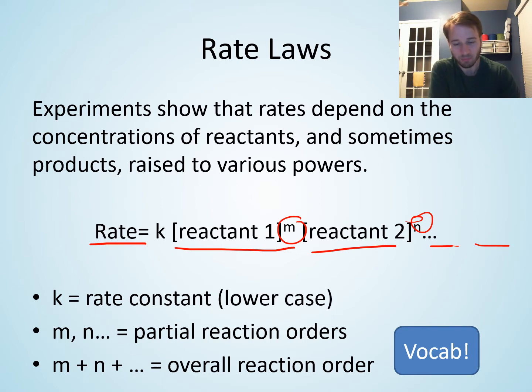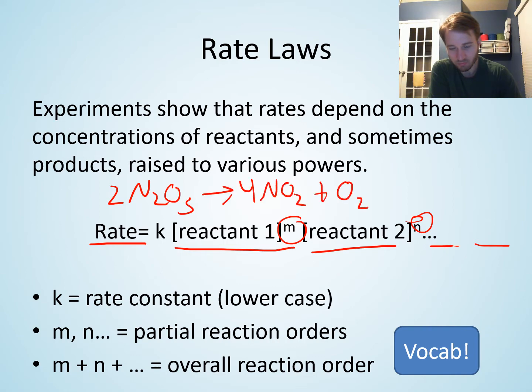Let's take the example of 2N2O5 going to 4NO2 plus O2, from the previous video. In this reaction, my reactant is N2O5. Let's say my rate law is k times the concentration of N2O5, with a power of 1.